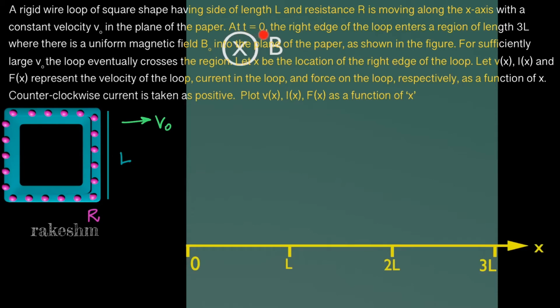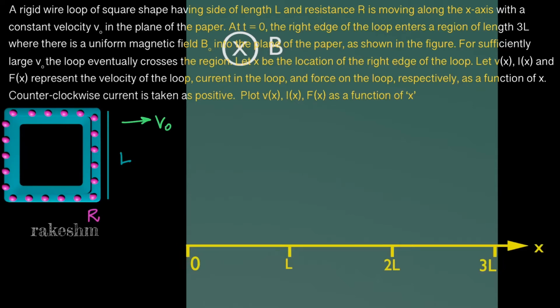At t equals 0, the right edge of the loop enters a region of length 3L where there is a uniform magnetic field B0 into the plane of the paper. You can see there is this region where the magnetic field B is pointing into the plane of the paper, and this is x equal to 0, L, 2L and 3L.